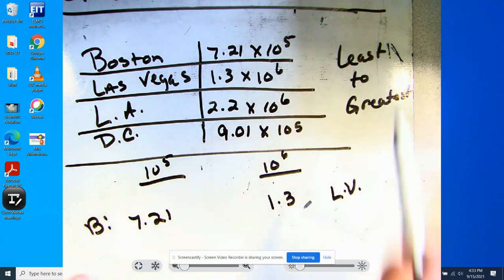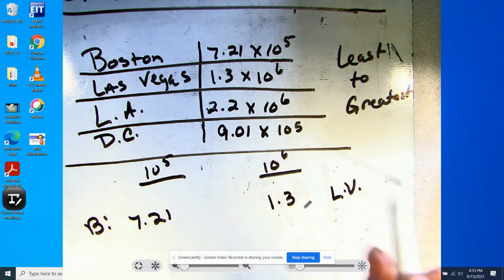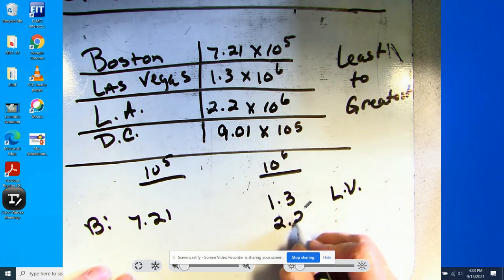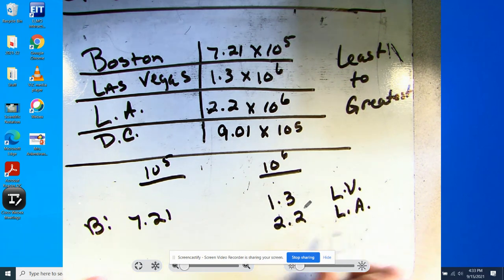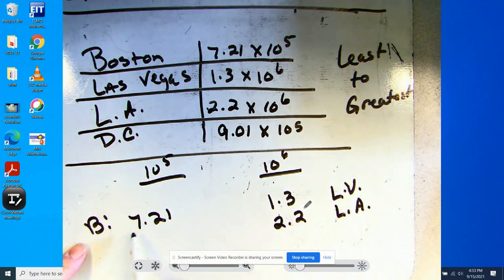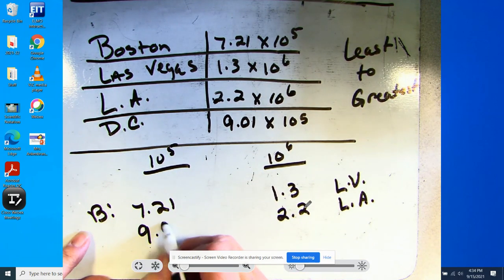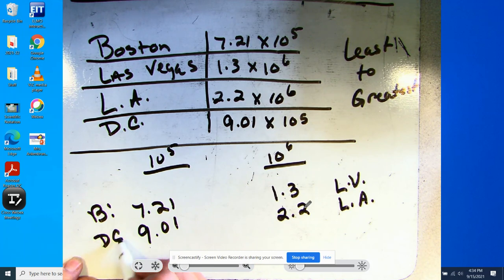Well, since I want smaller on top, you have to ask yourself, is 1.3 bigger than 2.2? No, 2.2 is bigger than 1.3, so the 2.2 would go here, and that's Los Angeles. 9.01 comes over here. 7.21 versus 9.01. We can see that the 9.01 is bigger. This is DC. Now we have them in order from smallest to largest: Boston, DC, Las Vegas, Los Angeles.